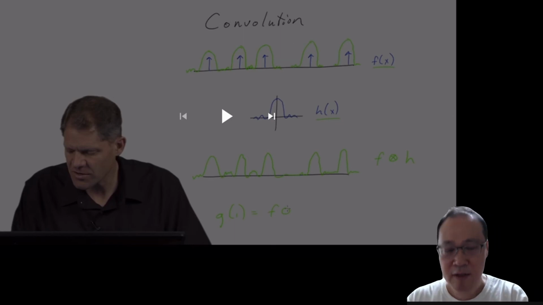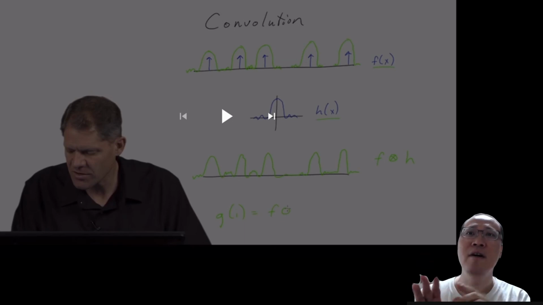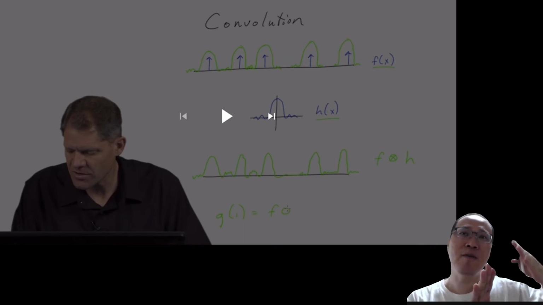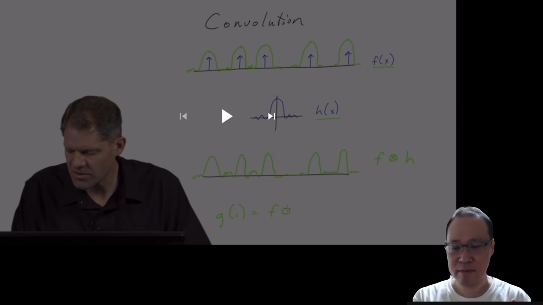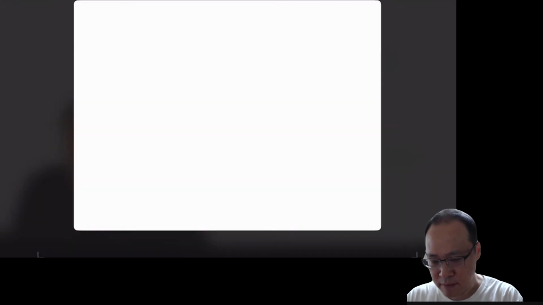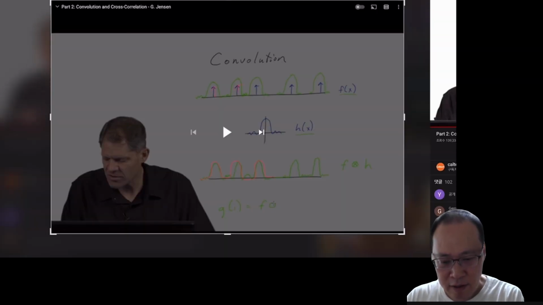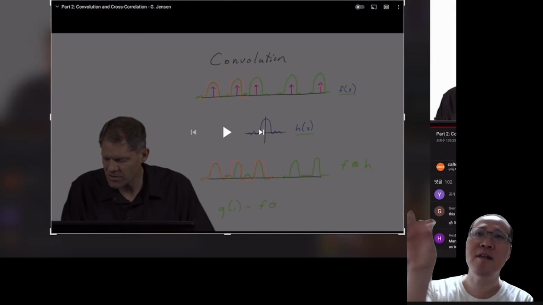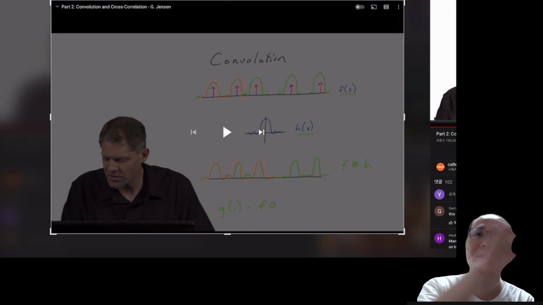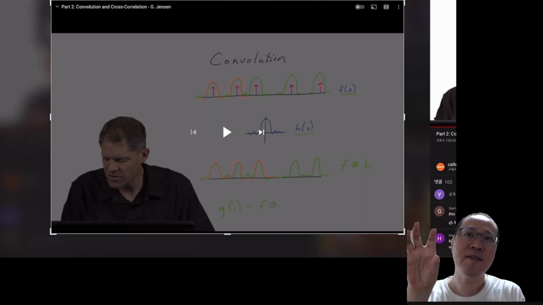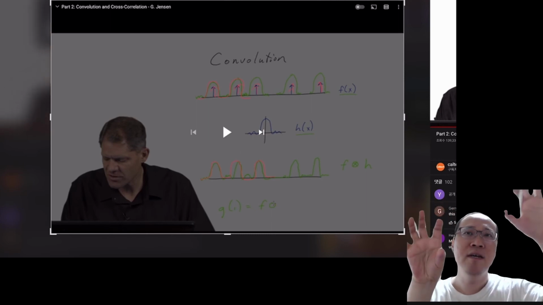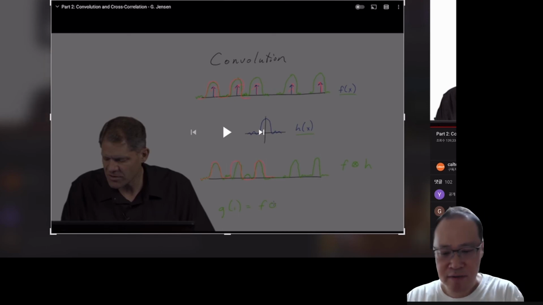It turns out that we get multiple copied versions of h(x), depending on where we have the delta values of f(x), because we have delta functions here. So the convolution of a delta function point with some function is that function copied depending on where the delta function value is.